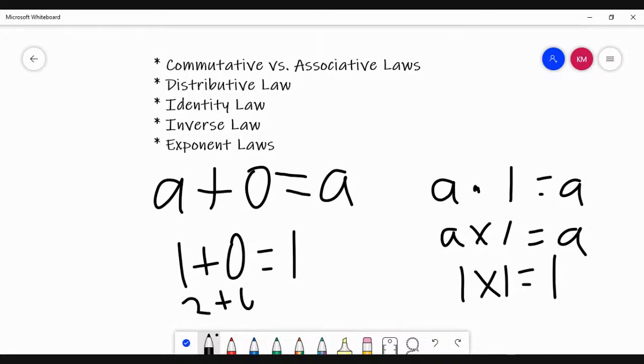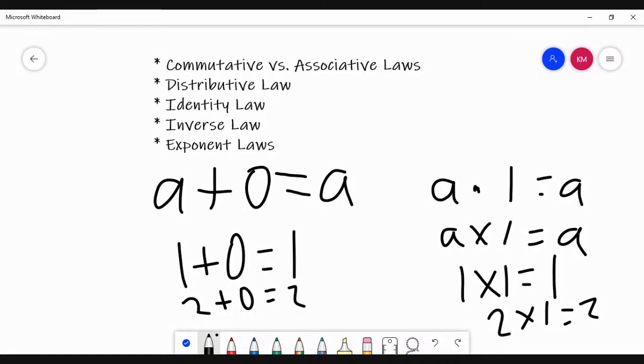2 plus 0 equals 2. 2 times 1 equals 2. So as you can see with the identity law, all you are realizing is that whether you're adding or multiplying, identity, of course, means itself.